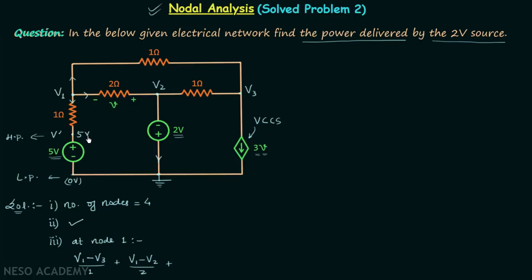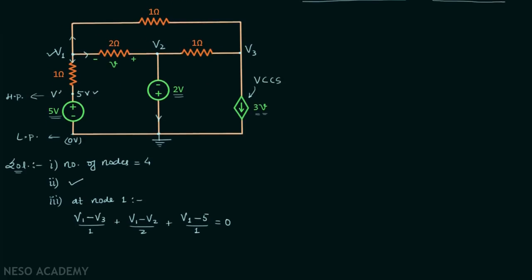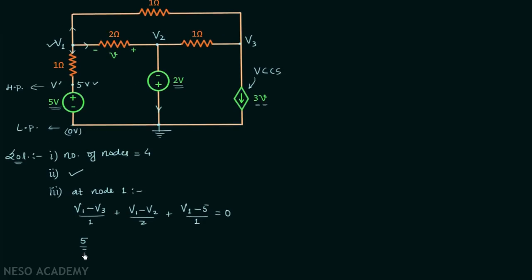So here the potential is equal to 5 volts, and therefore this current will be equal to (V1 minus 5) divided by 1. So we have (V1 minus 5) divided by 1, and the sum will be equal to 0. Now when you simplify this, you will have 5/2 V1 minus V2/2 minus V3 equal to 5. Let's call this equation number 1.